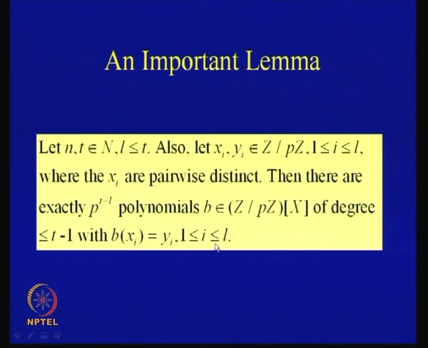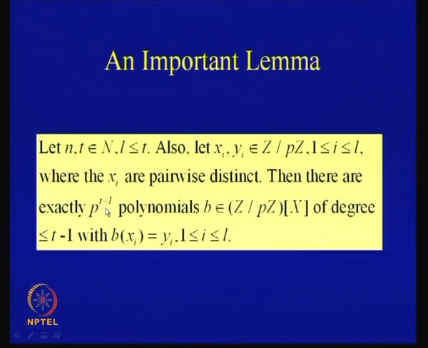Therefore, in our case this has to be satisfied for all these m cases as well as for the constant which you are choosing for any s dash. So, that means it is for m plus 1 values. Therefore, the number of such polynomials is exactly p to the power of t minus L, and L is equal to m plus 1.